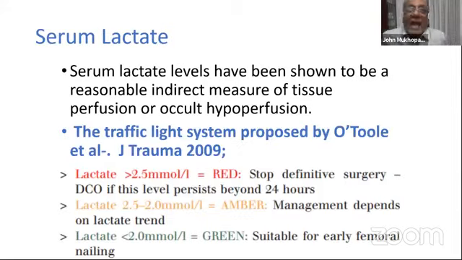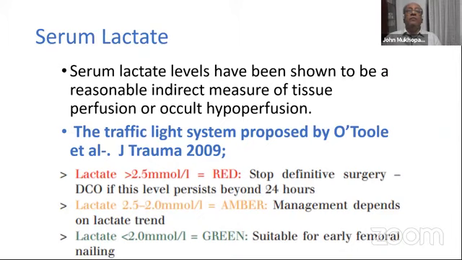So I think serum lactate is a surrogate marker which has been shown to be a reasonable indirect measure of tissue perfusion or occult hypoperfusion. This traffic light system was proposed by O'Toole in 2009, where if the lactate was more than 2.5 millimoles, it was considered time to stop definitive surgery and go on to damage control orthopedics.